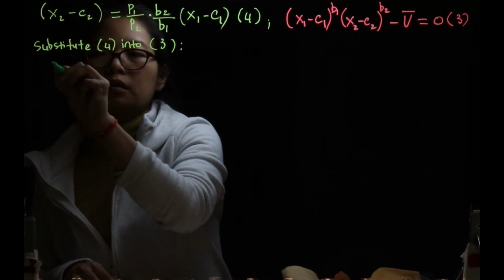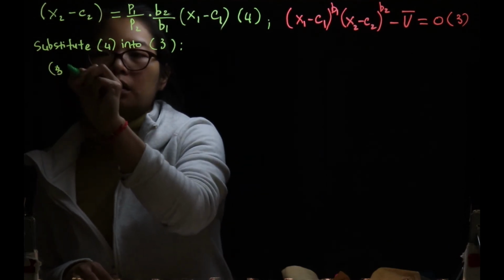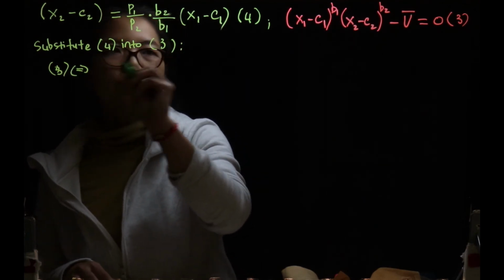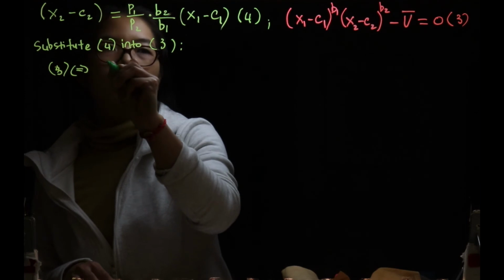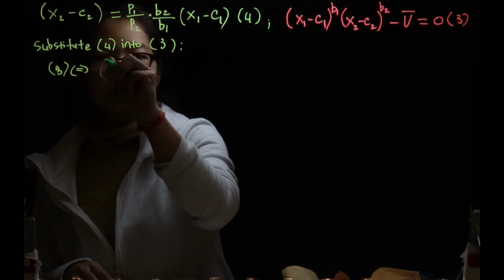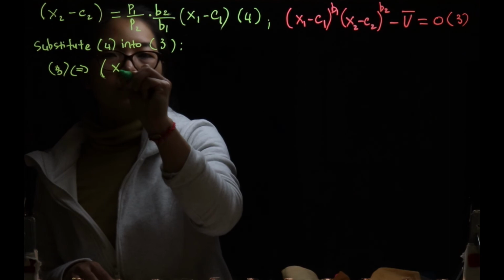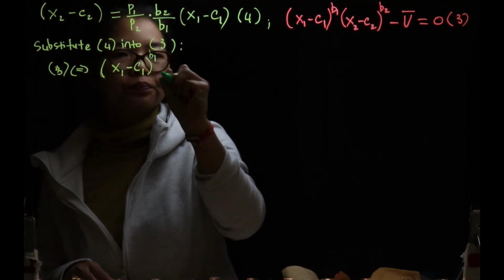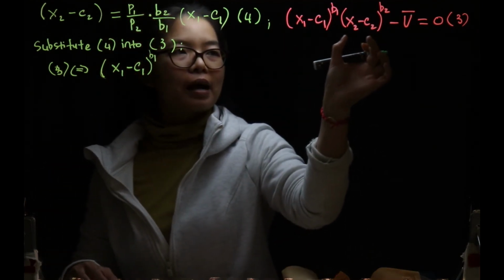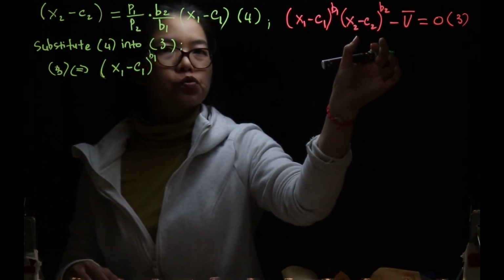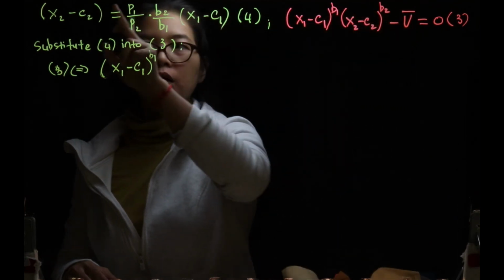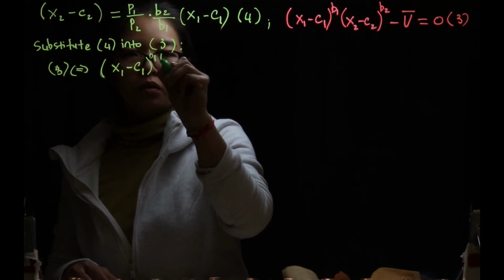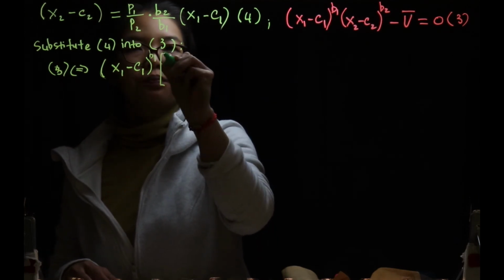That means 3 would be equivalent to x1 minus c1 to the power b1, no? And then times x2 minus c2 to the power of b2. But x2 minus c2 is this whole term. So let's plug it in.